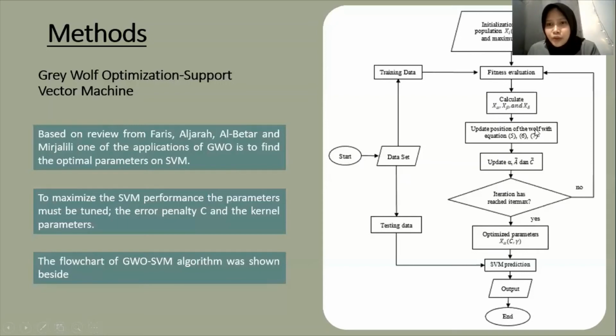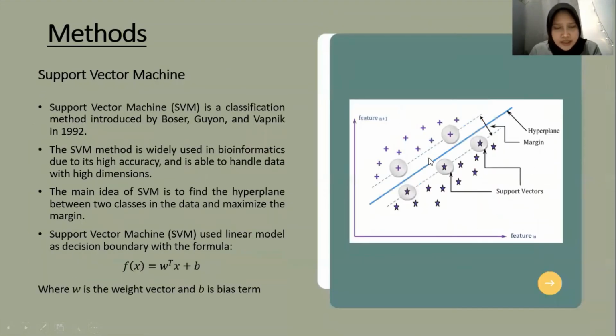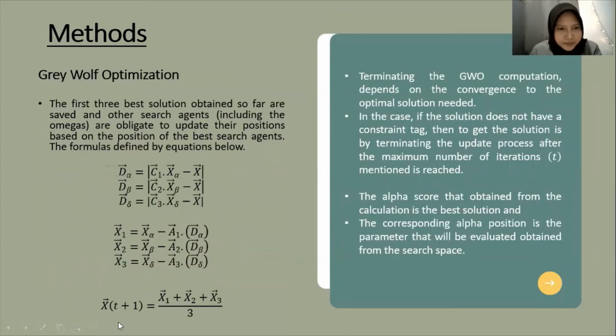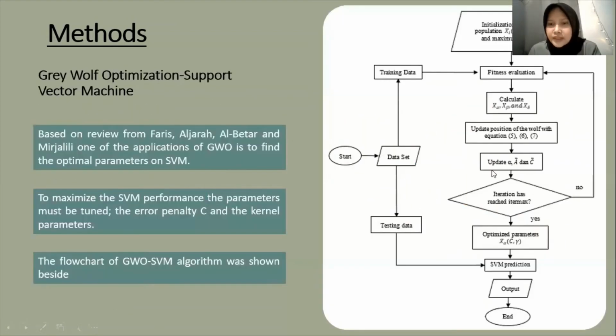And then update the position of the wolf with the equation here. And then update the coefficient factors A and C. If the iteration hasn't reached the maximum iteration, go back to the fitness evaluation and repeat the process.